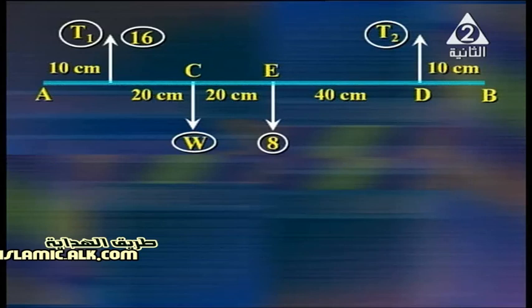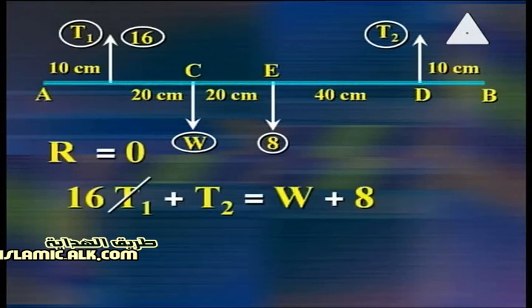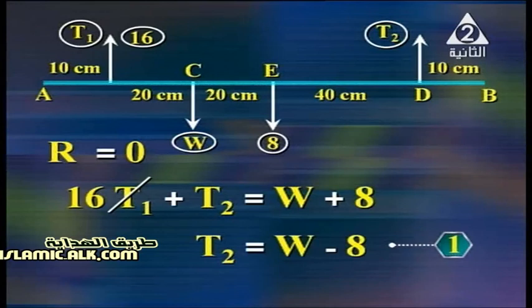Then the distance between T1 and point C is 20 centimeter. After that, we find the equation of equilibrium. Then look at 16: T1 plus T2 equals W plus 8. T2 equals what? W minus 8.